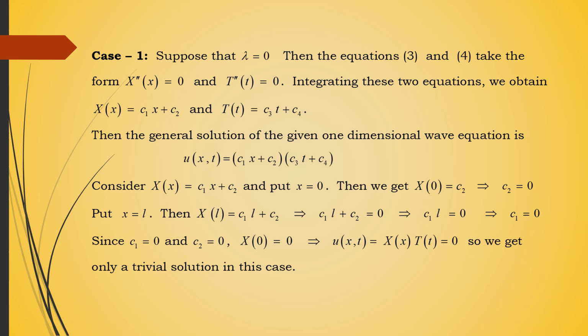In the first case, we suppose that λ = 0. Substitute λ = 0 in equation 3. The equation 3 was X''(x) - λX(x) = 0. If we substitute λ = 0, we obtain X''(x) = 0.